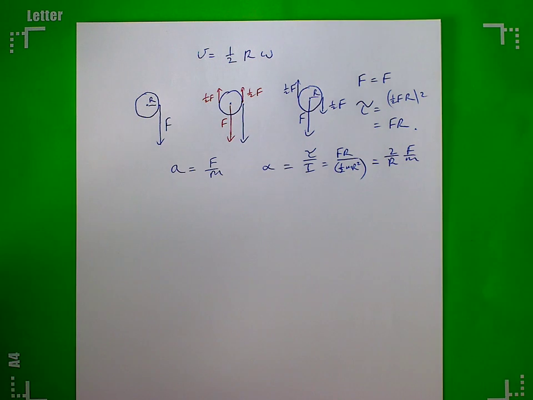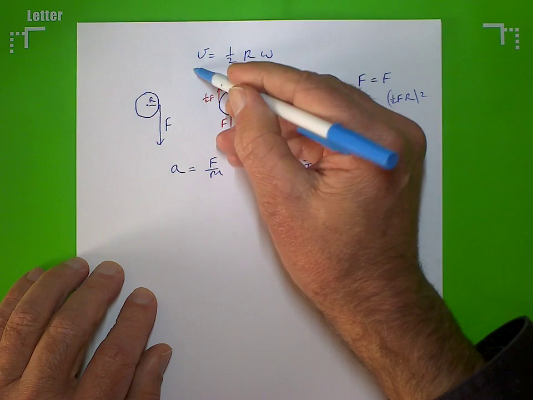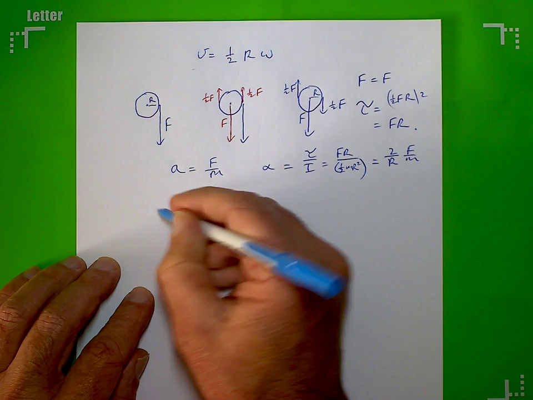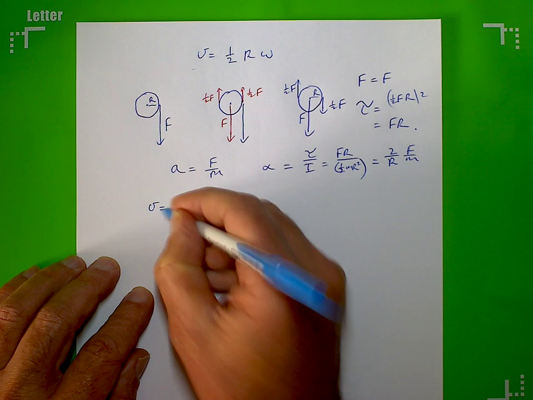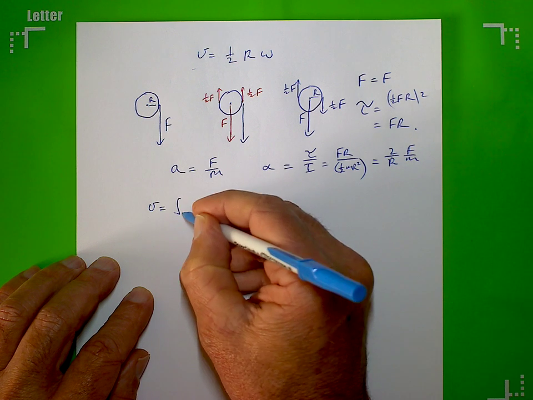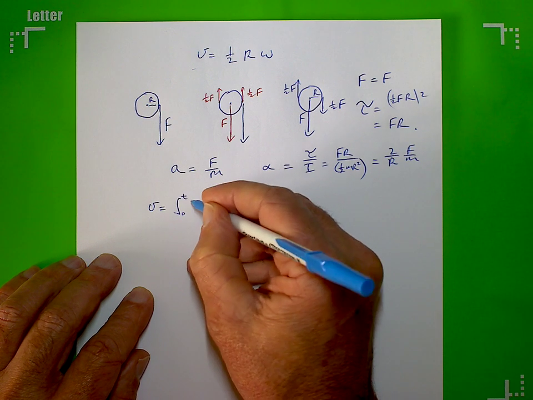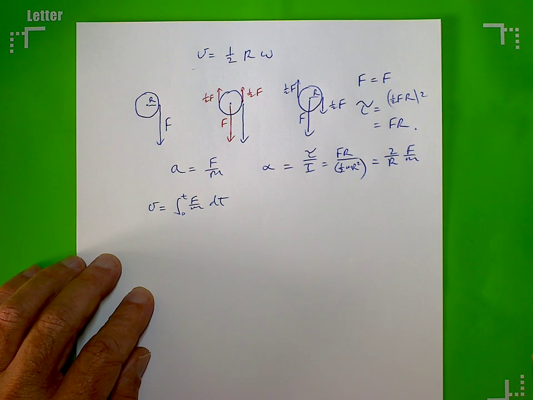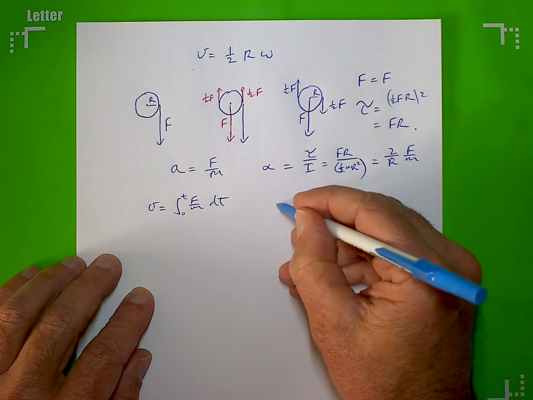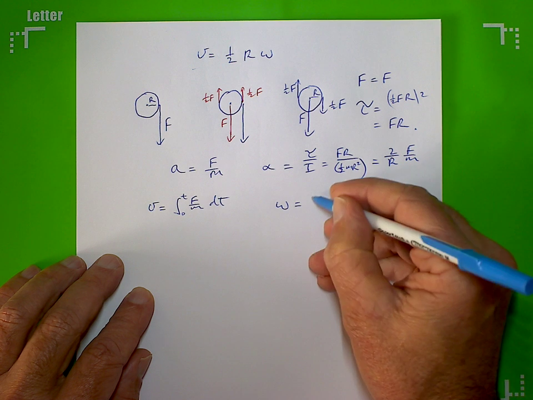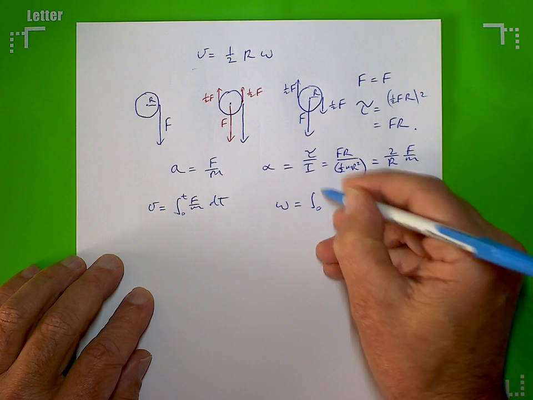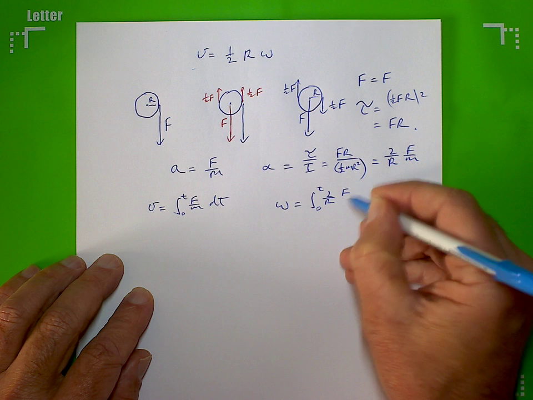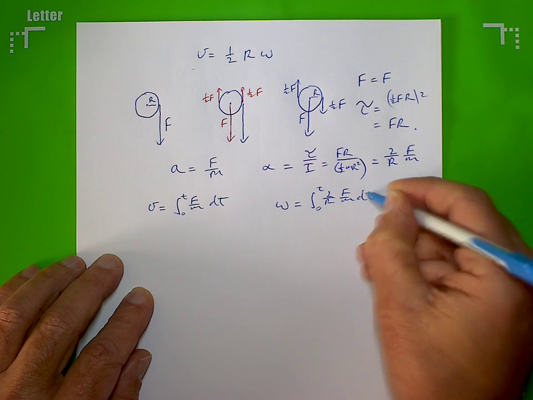Okay, so now we are asked to find the velocities, angular and linear. So therefore the velocity is equal to the integral from 0 to t of F over m dt, and the angular velocity is the integral from 0 to t of 2 over R, F over m dt.